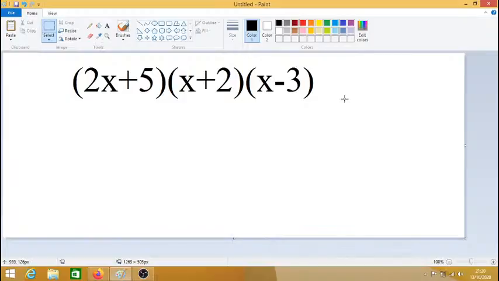Hopefully you've picked 2 to begin with, and you're multiplying those 2 brackets, not worrying about the third one. Accuracy is more important here than speed.